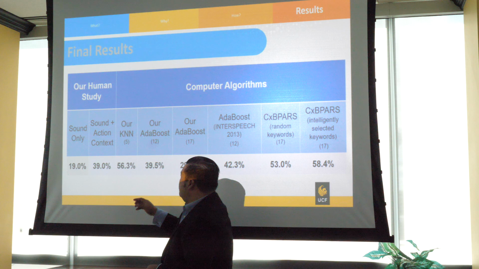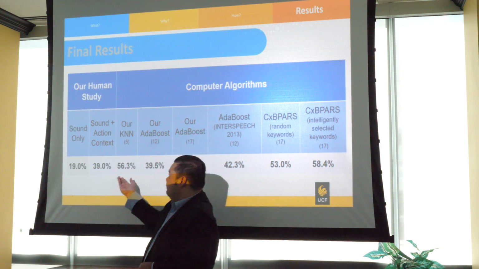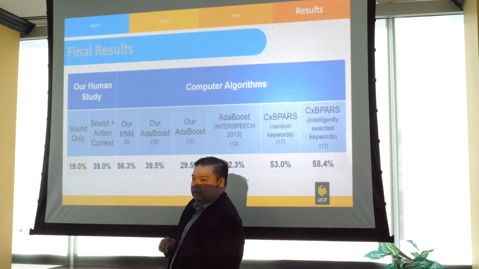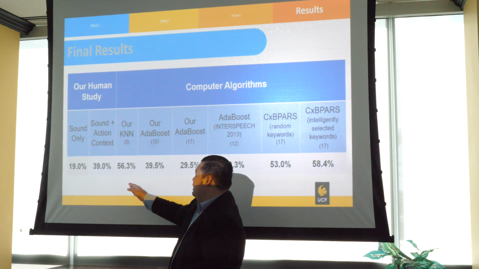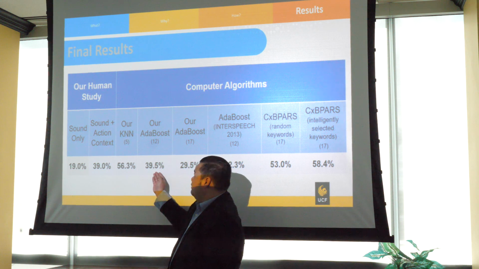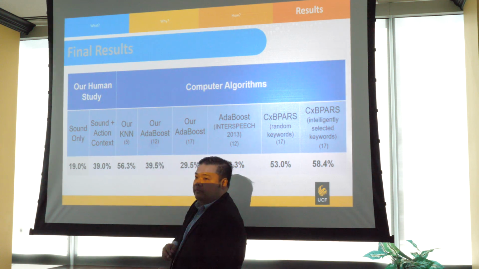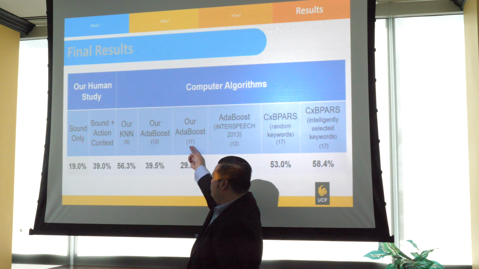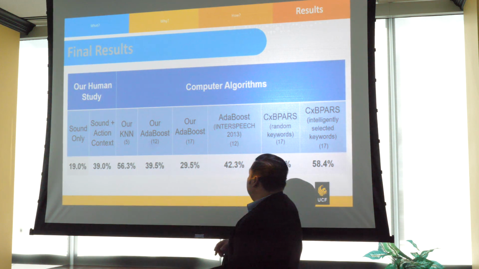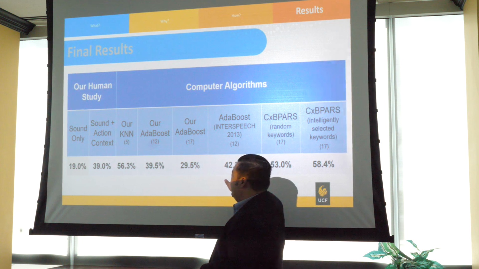So from this study, we developed our system. In the initial approach, we did the KNN. The accuracy was 56.3%. And then for Adabus, which was the highest among all the classifiers that we developed, we got 39.5% accuracy using the 12 emotions. With summative emotion, it went down as expected, to 29.5%. Basically, this is the number from Adabus.